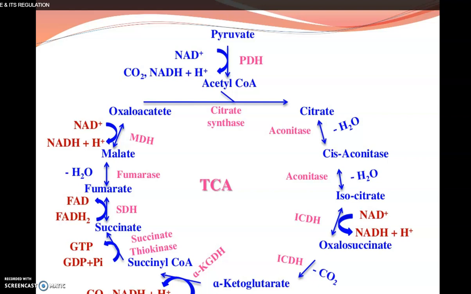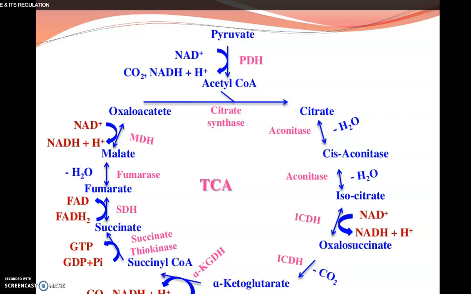But within the Krebs cycle there are so many steps, like 10 steps, involved to ultimately give you these NADH and FADH2. So you have to memorize these enzymes and the molecules which are converting in the Krebs cycle, and you should be aware of the end product.